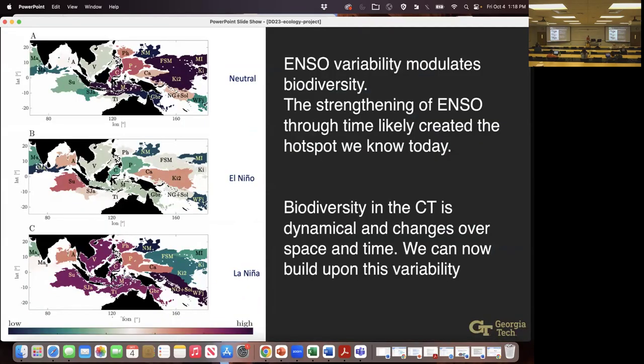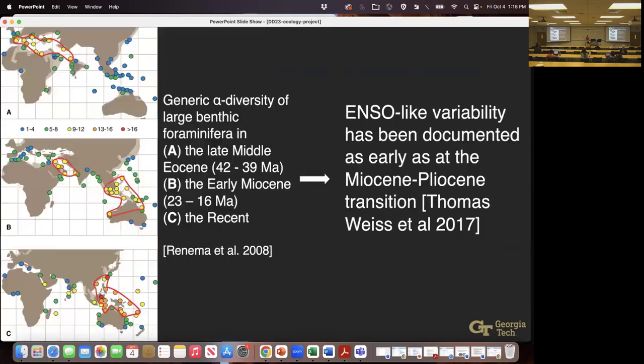So this has been essentially what I was going to tell you today, and the last piece is that I managed to find a paper that looked at the evolution of biodiversity over millions of years. It's been really interesting to see, because this is the genetic diversity of benthic foraminifera.